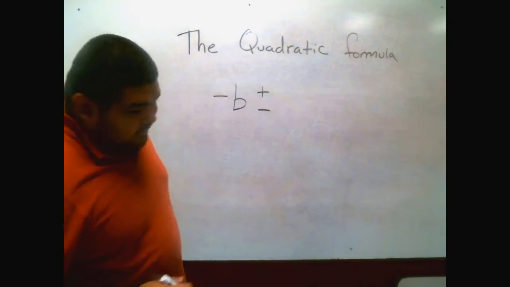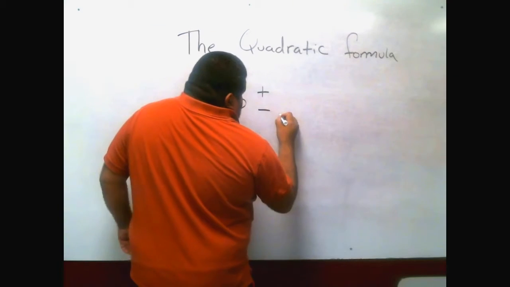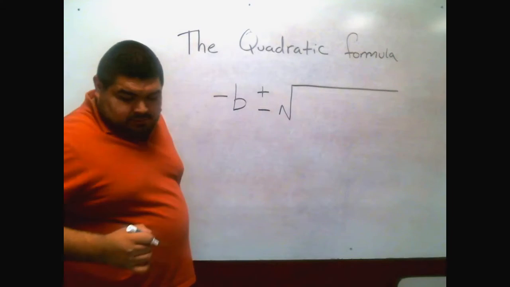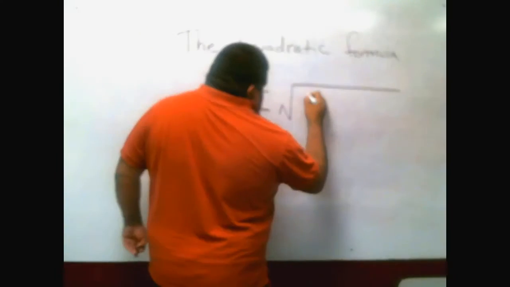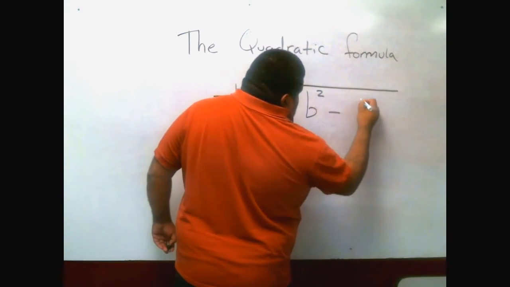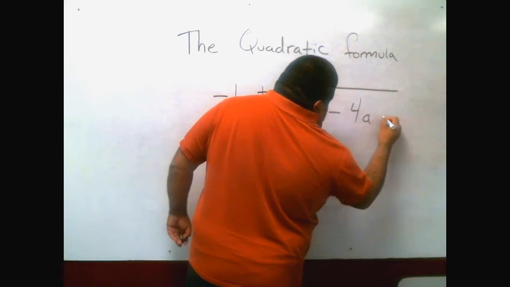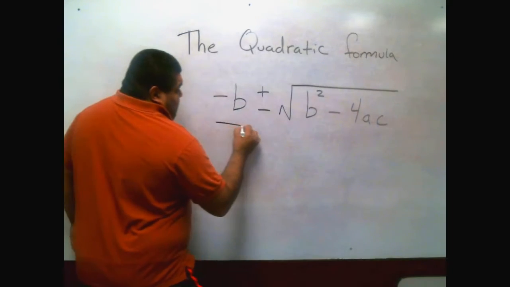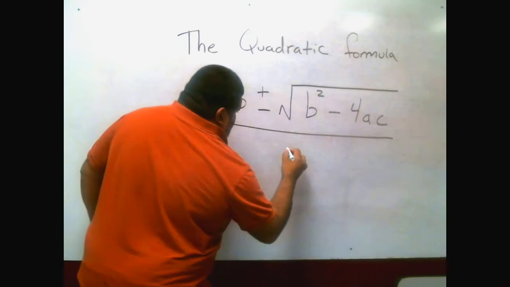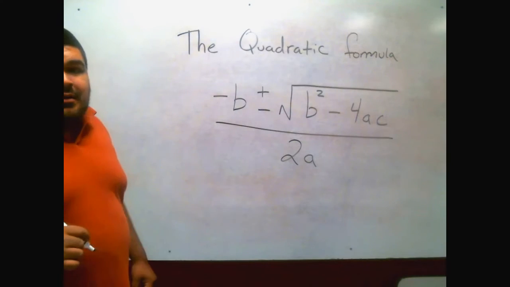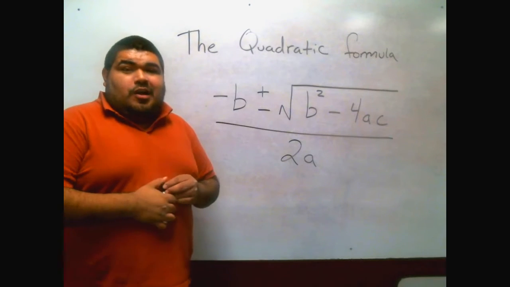Plus and minus, radical b squared minus 4ac, all of it over 2a.